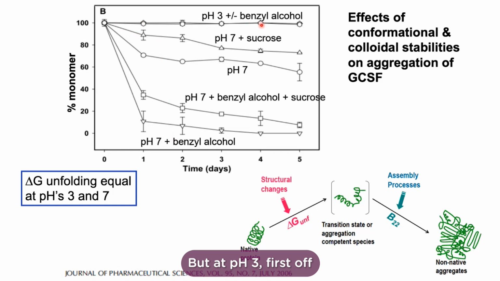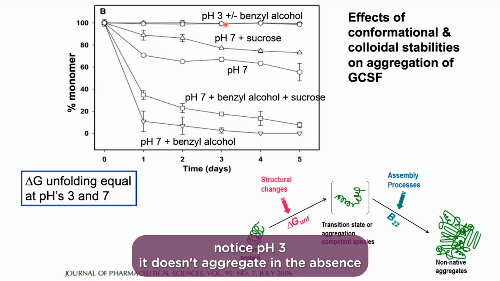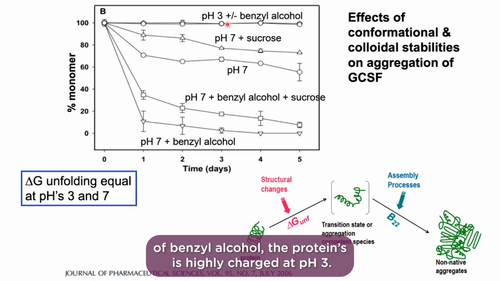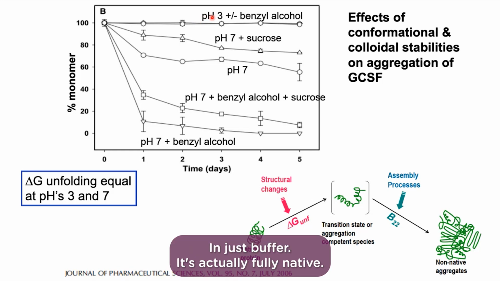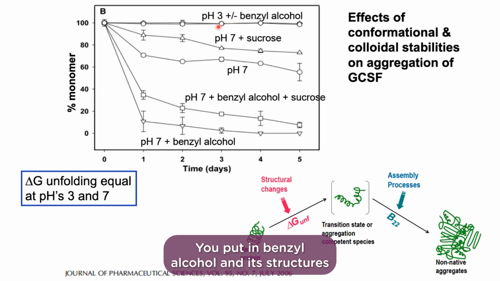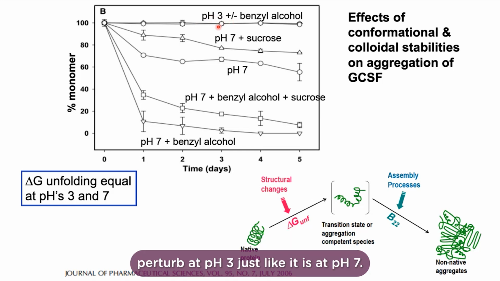But at pH 3, first off, notice at pH 3, it doesn't aggregate in the absence of benzyl alcohol. The protein's highly charged at pH 3, and it's an unusual molecule at pH 3 in just buffer. It's actually fully native. You put in benzyl alcohol and its structure's perturbed at pH 3, just like it is at pH 7.